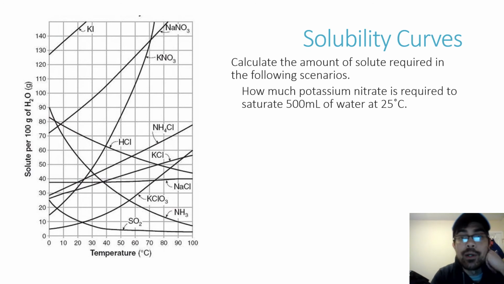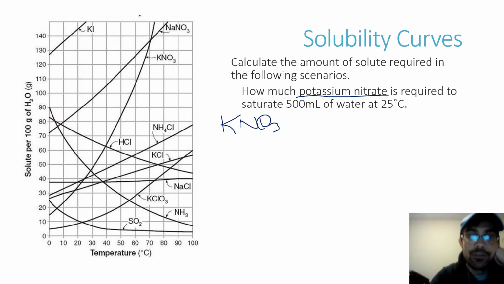How much solute is required in the following scenarios? First we have potassium nitrate: how much is required to saturate 500 milliliters of water at 25 degrees Celsius? First things first, we see how much can dissolve in 100 milliliters at 25 degrees. Where is potassium nitrate? Remember that one is KNO3, so we're looking at this line here. At 25 degrees, we can dissolve about 40 grams per 100 milliliters of water.